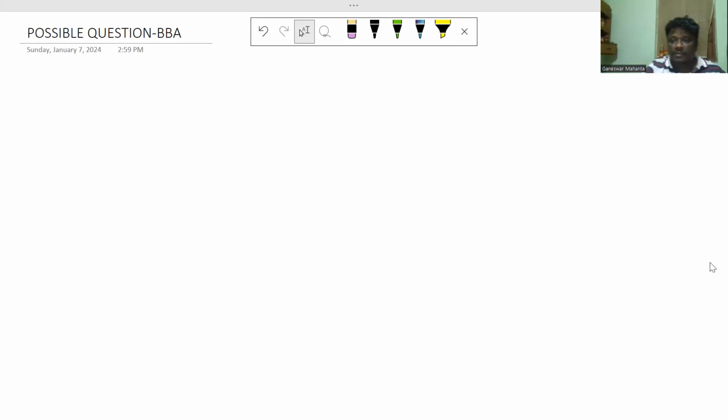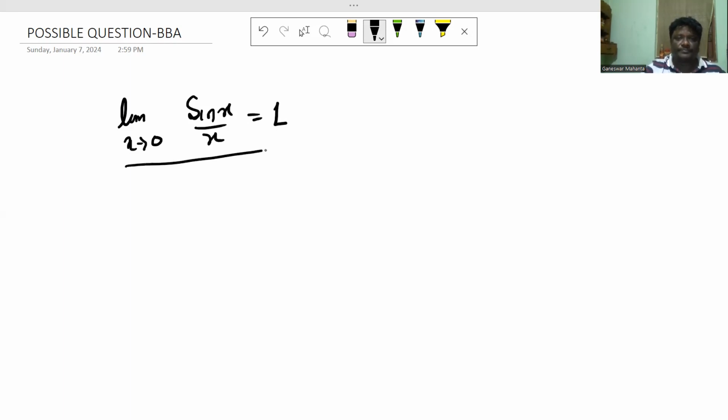Okay. So we have already discussed some formulas of limits. Limit x tends to 0, sin x by x is equal to 1. That is one formula. Limit x tends to 0, tan x by x, that is also 1.